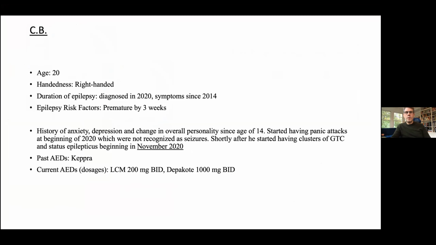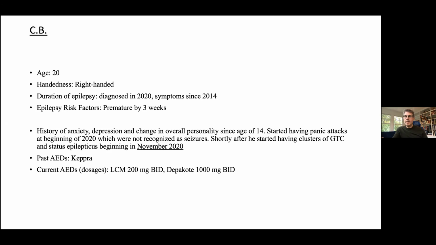As history of semiology, he has depression, and his seizures are characterized by scary feelings, anxiety, a sudden feeling of fear associated with tachycardia, and then a generalized tonic-clonic seizure after.